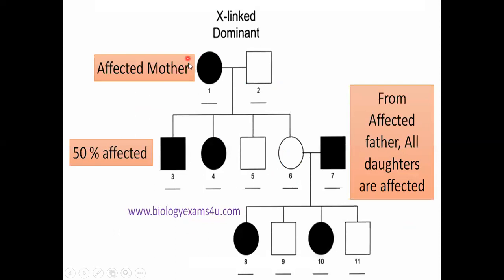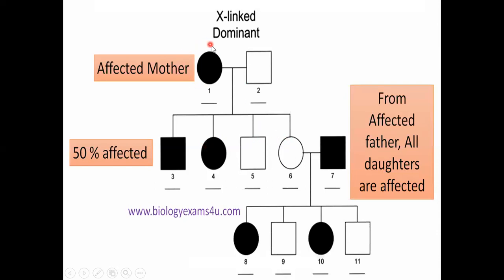So here is a pedigree that is depicting the X-linked dominant disorder, and you can see here an affected mother, who is married to a normal male, and in the second generation, that mother affects 50% of her offspring, while 50% of her offspring are normal.